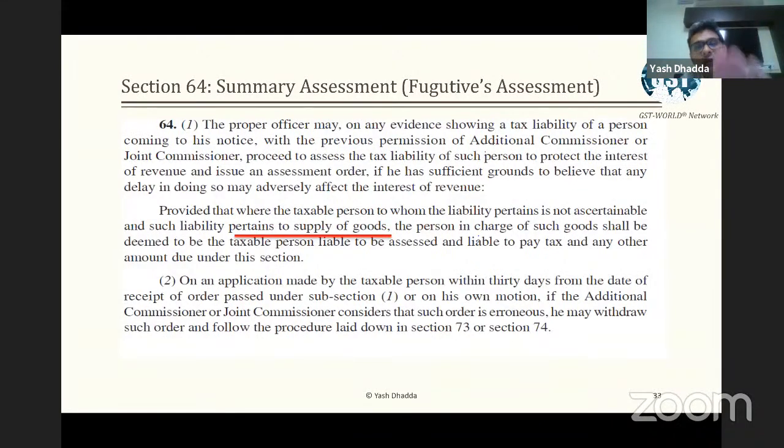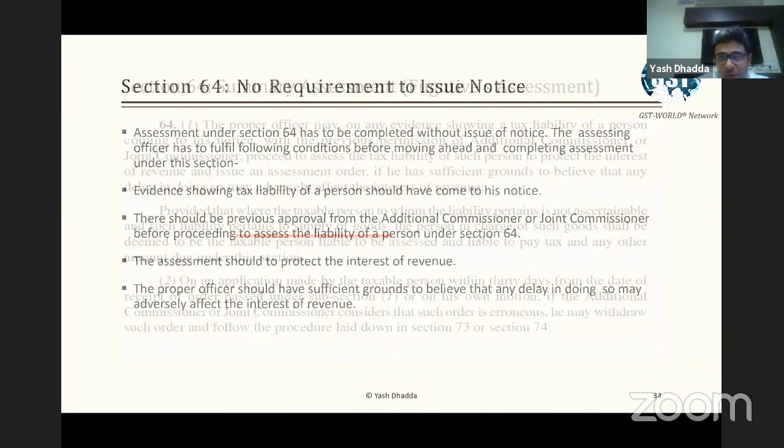You may compare it pari materia with section 148 of the Income Tax Act, जहाँ पे जो reassessment और income escaping assessment होते हैं, जहाँ पे assessee can ask for the reasons of doing so. Similarly, in 64, you can ask for the reason. The officer is duty bound to give the reason. If the officer is not giving the reason, probably the assessment which has been done under 64 at the outset is improper. So that is one care in 64 which one may really look at.